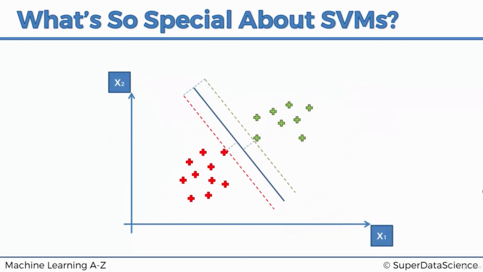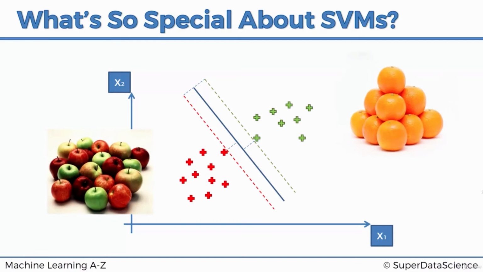Now in our case, let's say on the right we have oranges and on the left we have apples. What most machine learning algorithms would do is look at the most appley apples and the most orangey oranges, the most stock standard, common type of apples and oranges. In our case it'd be apples somewhere over there in the very heart of the apple class, far away from the oranges, and oranges somewhere over there, in the very heart of the orange class, far away from the apples.